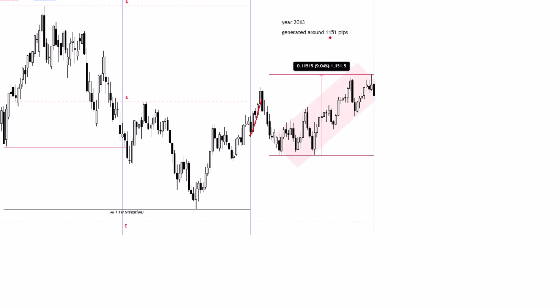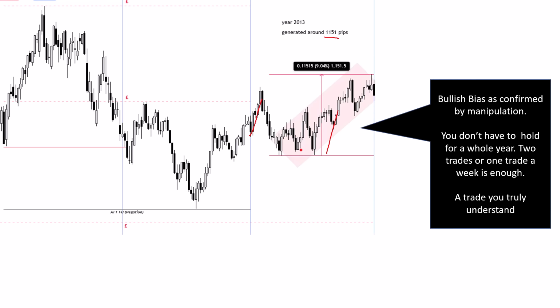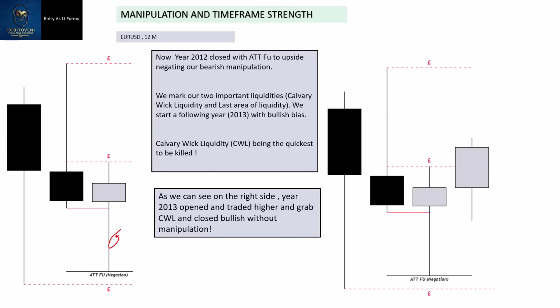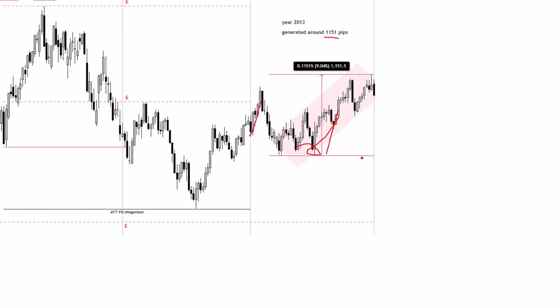These are over 1,151 pips of the move. Your job is not what? Your job is not to hold for a whole year. So bullish bias as confirmed by this manipulation, we start the year with bullish move, as you can see it here, as confirmed by this manipulation.